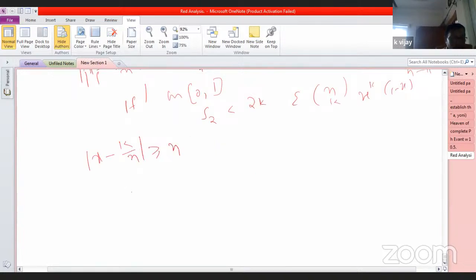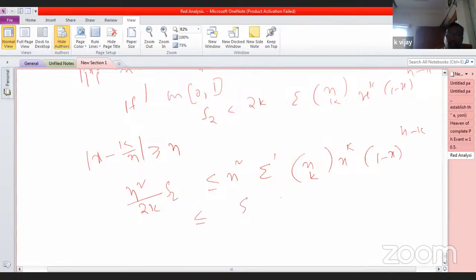So therefore, S2 is less than 2K by delta square times summation dash nCk x^k (1−x)^(n−k). What we have to write here? We have to write (x − k/n) whole square.